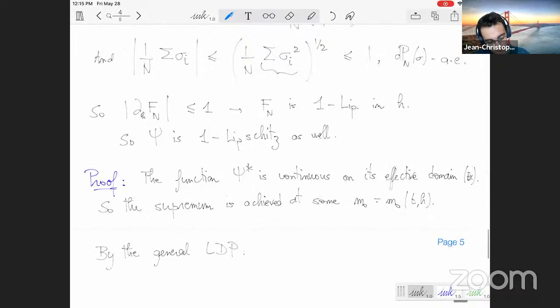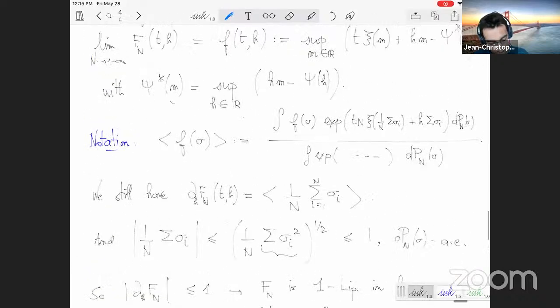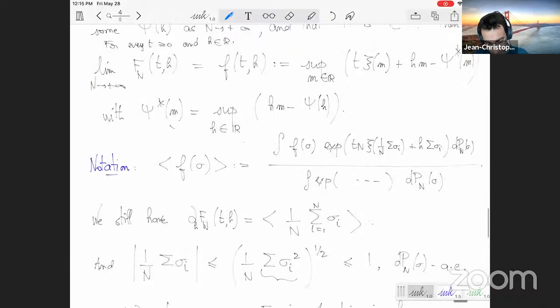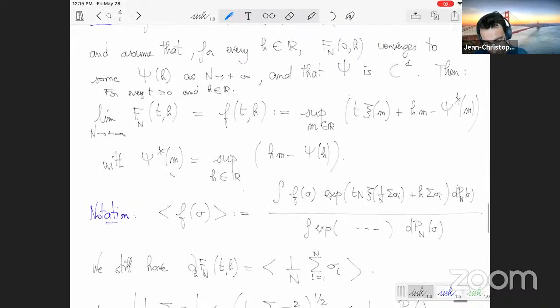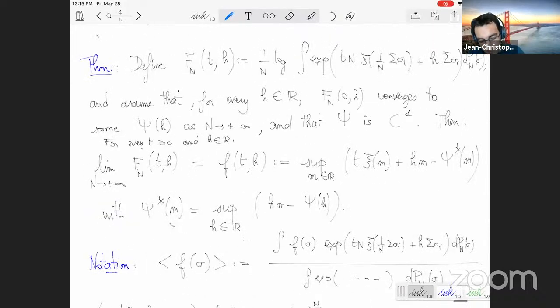When t equals 0, this disappears as we said, and we are computing the Laplace transform of h n times 1 over n sum of sigma_i. So it's the Laplace transform of n times the mean magnetization.